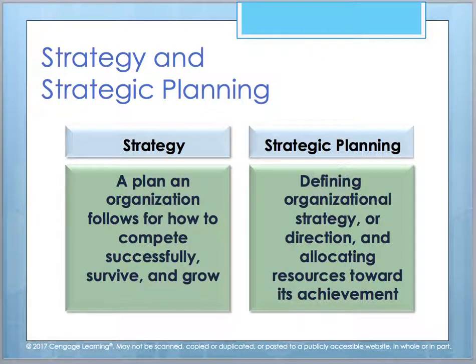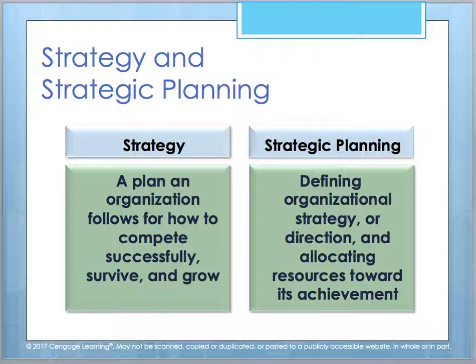So in Chapter 1, we talked about strategy, and that is a long-term plan that we use to be able to compete, survive, thrive, be successful, grow, and reach organizational goals.